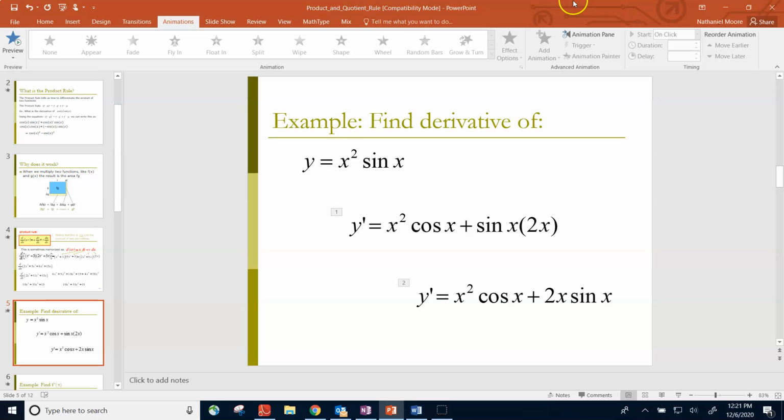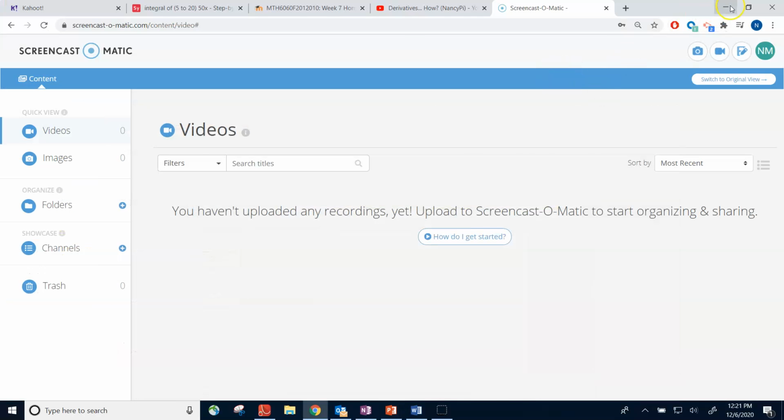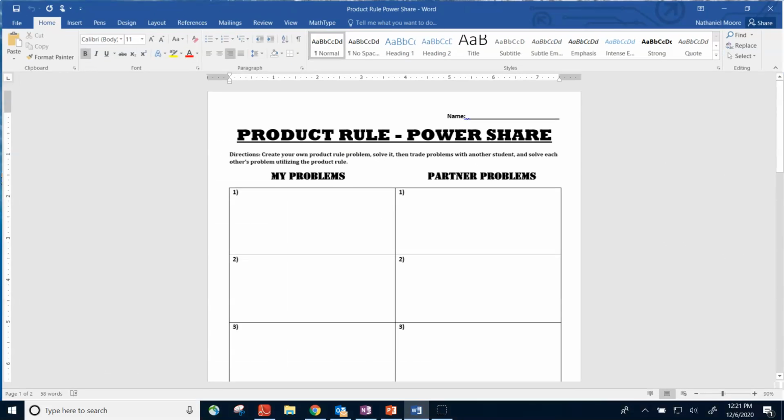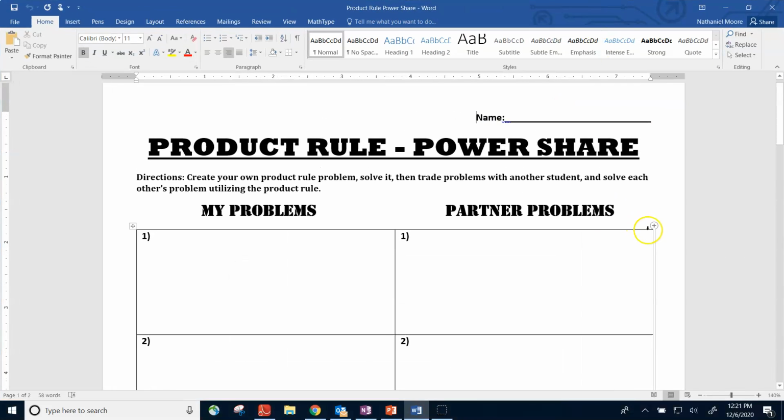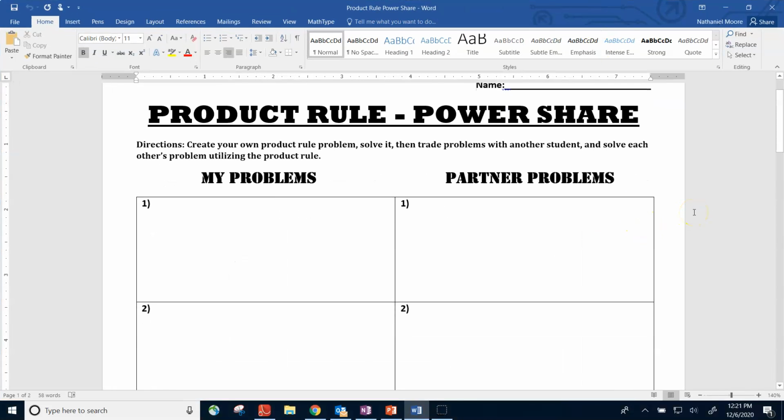So today, what I wanted to do was give you guys some practice at this. What I have for you is this product rule power share. In the directions, you're going to create your own product rule problem, solve it, then trade problems with another student and solve each other's problems utilizing the product rule.